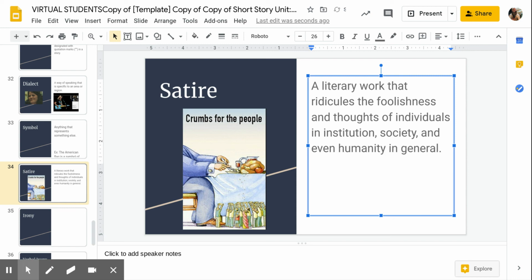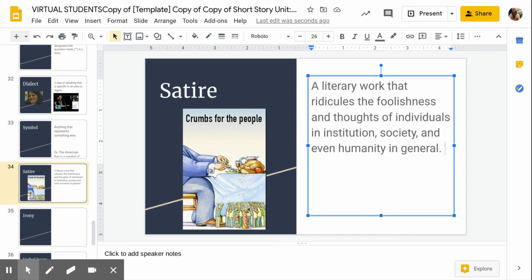Satire is something that is more like a comedy because it's making fun of something. The Onion is a common example, a website full of satirical text that pokes fun at common events and news going around in the world today.